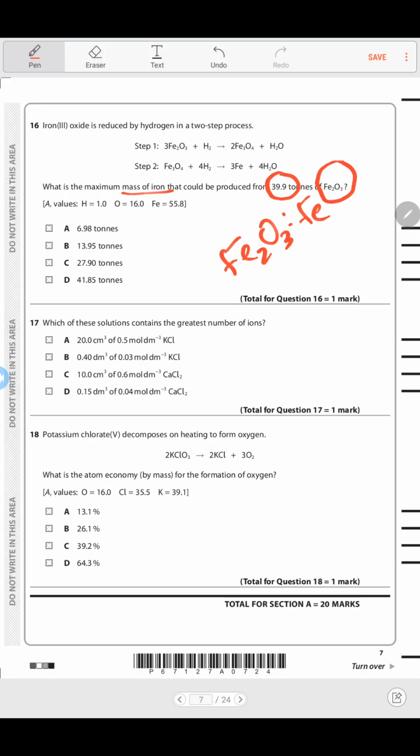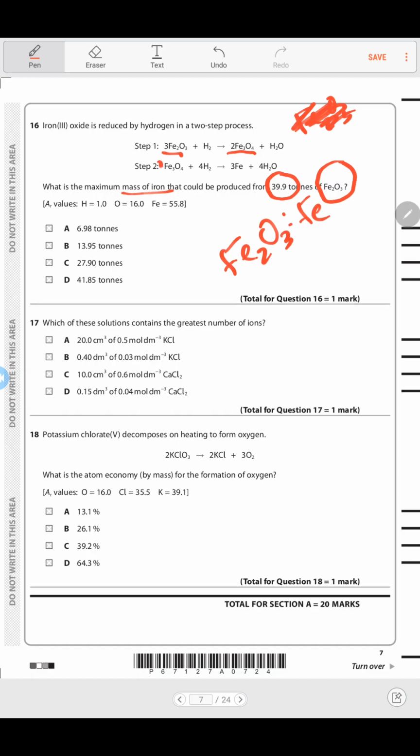So here it involves 2 steps, right? It says 3 of Fe2O3 give you 2 of Fe3O4. Look at step number 2: you have only one Fe3O4.